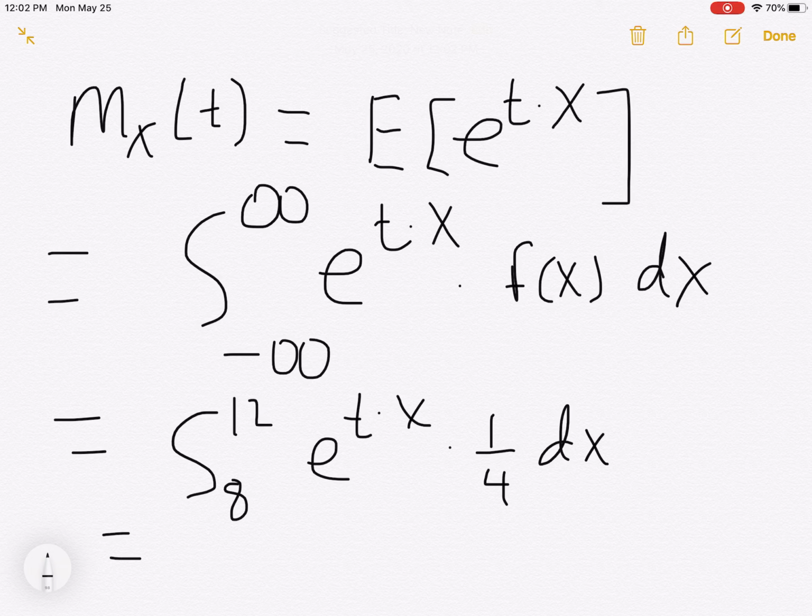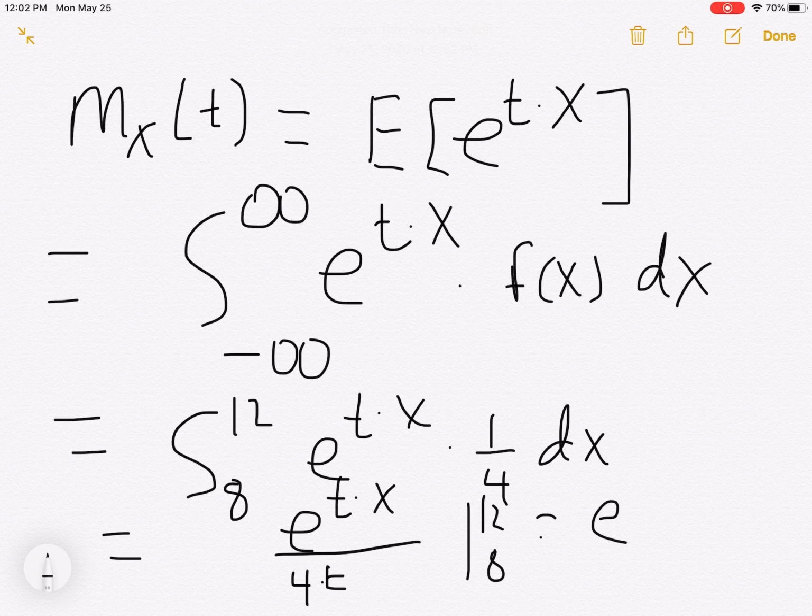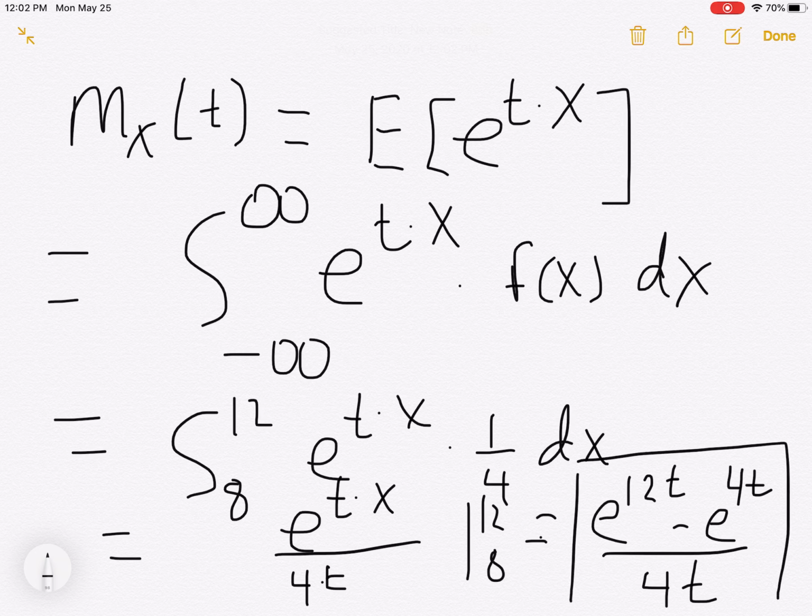So this simply anti-differentiates to e to the t times x divided by t over 4, from 8 to 12. So this will be e to the 12t minus e to the 8t divided by 4t right there. And that is the moment generating function in this case.